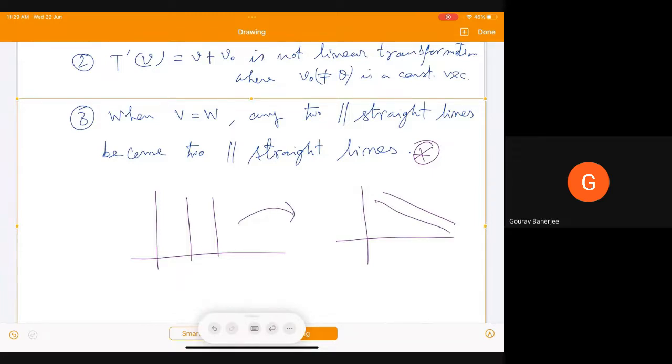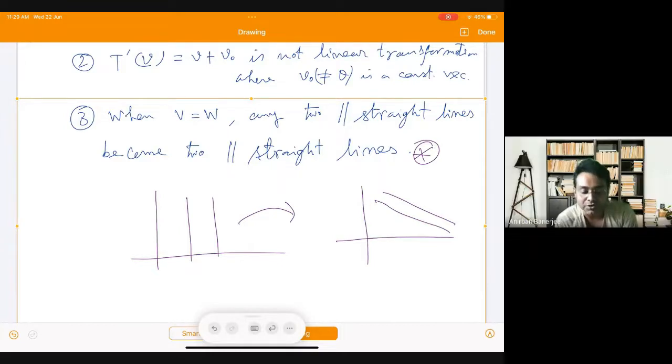No, no. What I mean is that these two straight lines in V, which is a space, means subspace or vector space, whatever you say, will become two parallel straight lines in W. Oh, okay, sir.